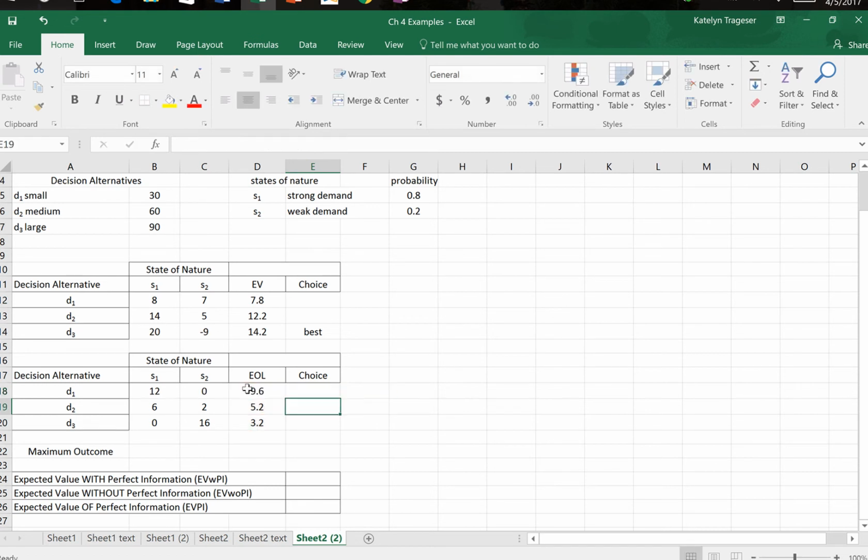If not, we don't want to see anything there. Copy that formula down, and as we can see, we said we wanted the minimum number. 3.2 is the minimum. We can see that this is the best choice.